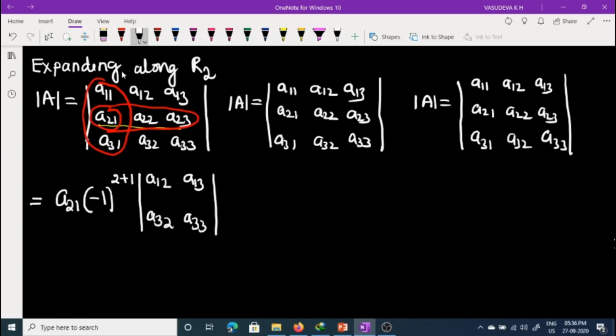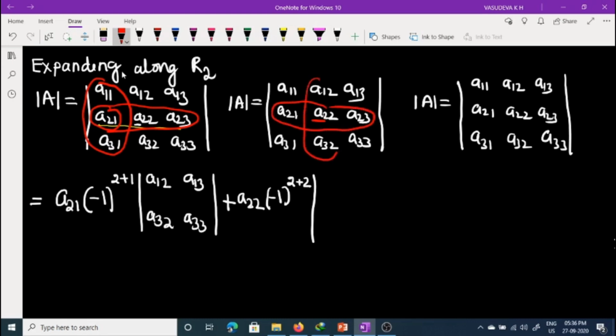Then the second element in the second row is A22. So plus A22 into minus 1 to the power of 2 plus 2, and determinant of the elements: A22 lies in the second row and second column, so we leave that row and column and take the remaining elements as the determinant. So the determinant of the remaining elements is A11, A13 and A31, A33.